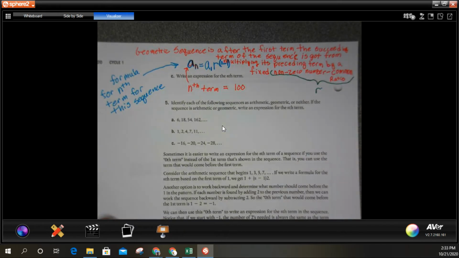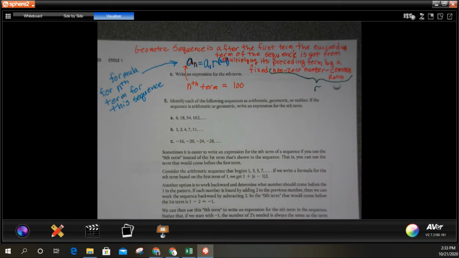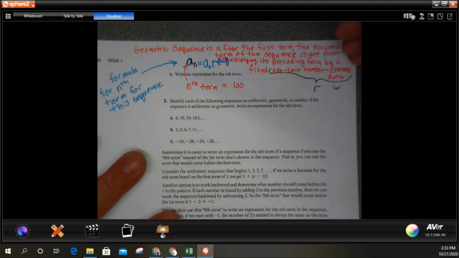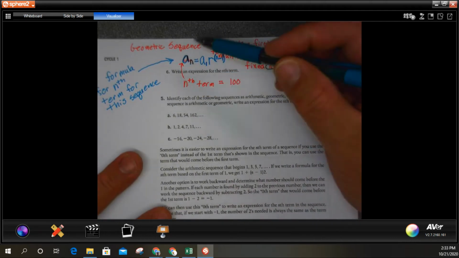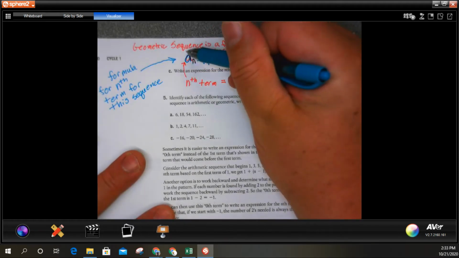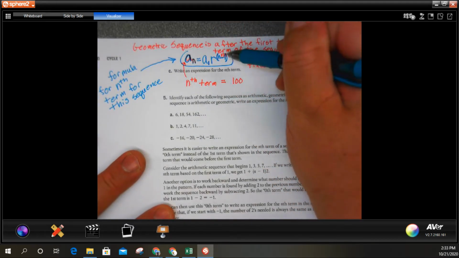Okay, and we'll go through the problem step by step. Okay, number 5. So this is my answer for the nth term.